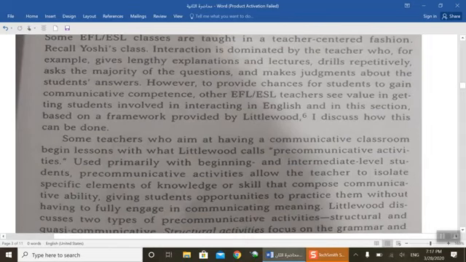But unfortunately, here in Iraq, only the teachers inside the class are explaining everything. You can see them explain everything inside the class, and this is something wrong. This is subject plus verb plus object.